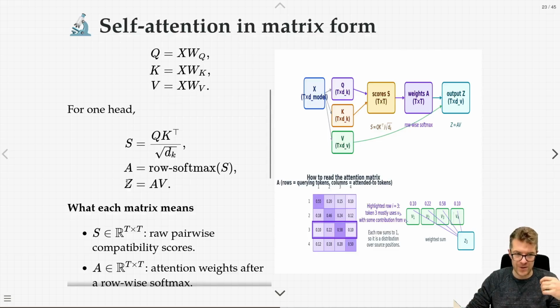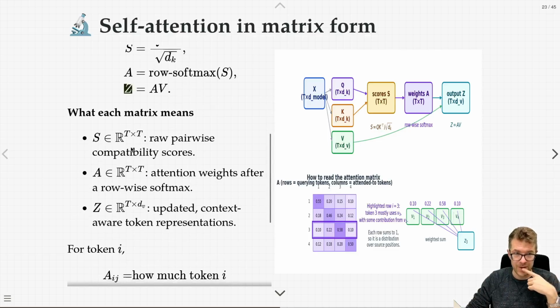That's a big matrix Z. So again, S is our pairwise compatibility scores, which have been normalized here. A is our attention weights after the softmaxes. We have a probability-looking distribution on every row. And then Z is our context-aware token representations.